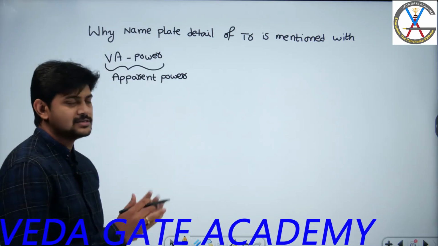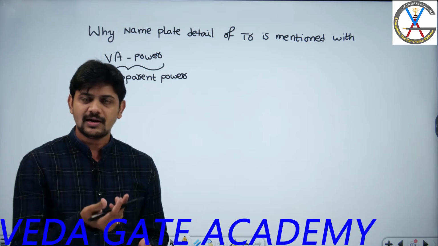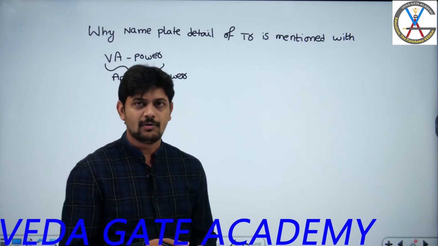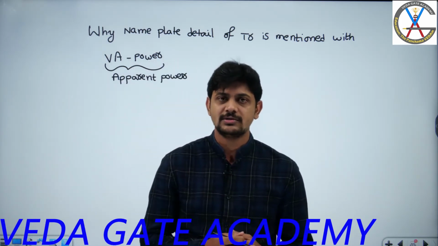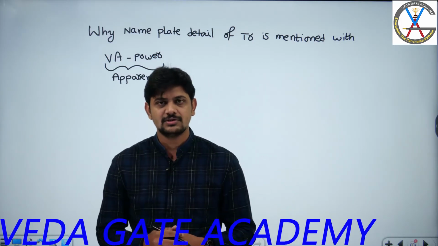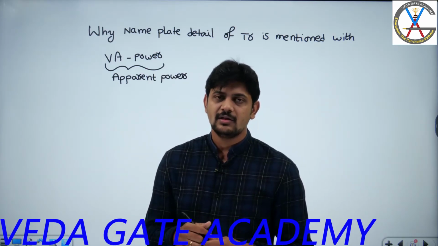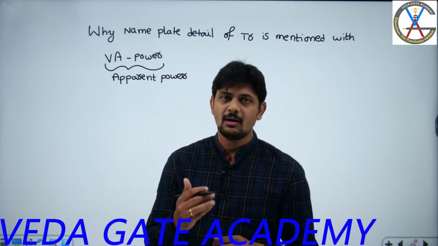If you take a simple transformer, we always say something like 10 kVA, 1000 volts by 100 volts. The 10 kVA, volt ampere, is nothing but apparent power. Why are we not mentioning 10 kilowatts, 100 volts by 1000 volts transformer? Let us try to analyze the reason why we mention the rating of the transformer in apparent power.